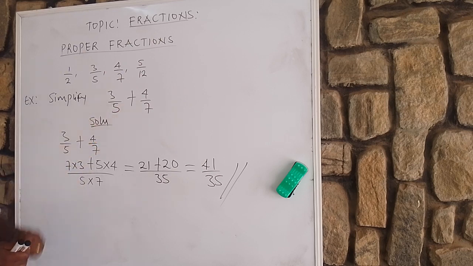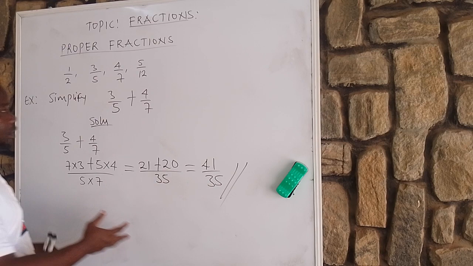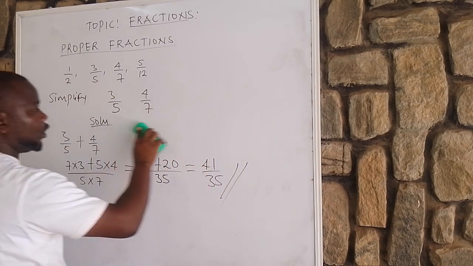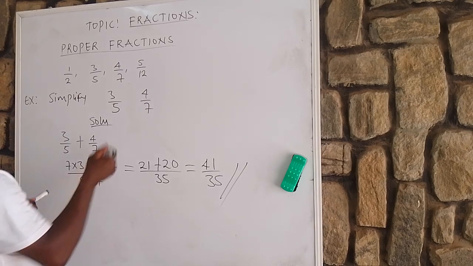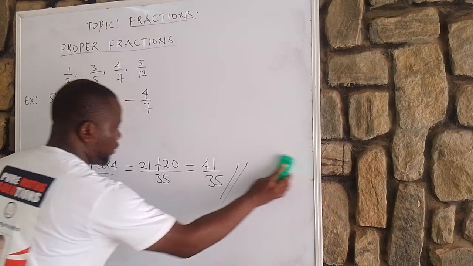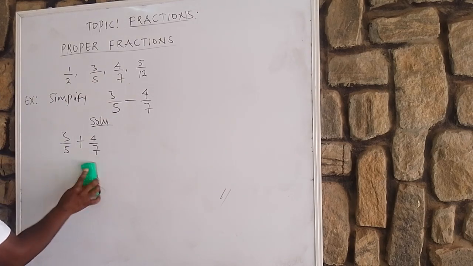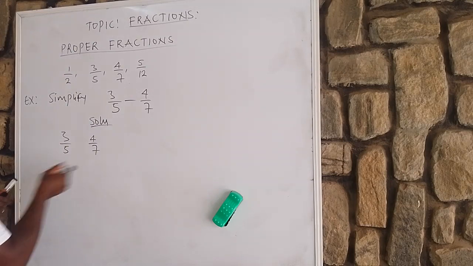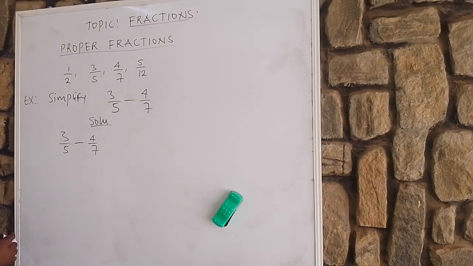In addition, so let's consider proper fraction in subtraction. Let us convert this one to minus. It's the same approach, just that the sign changed. So what you need to do is the same way.